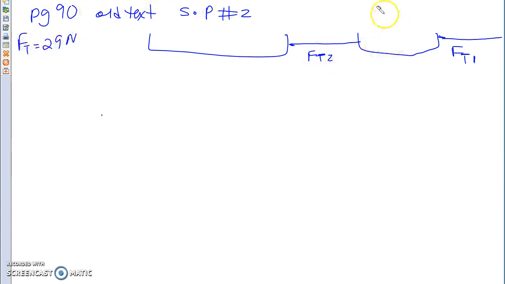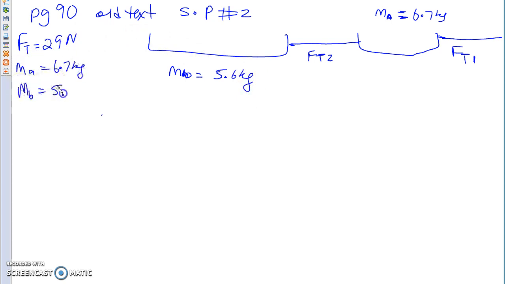This is mass A, and mass A has been given to you as 6.7 kg. And this is mass B, and this has been given to you as 5.6 kg. So mass A, 6.7 kilograms, mass B, 5.6 kilograms. They also gave you a few other things.